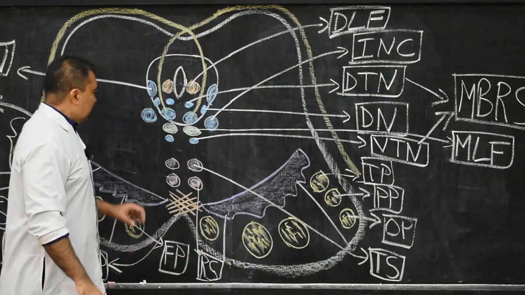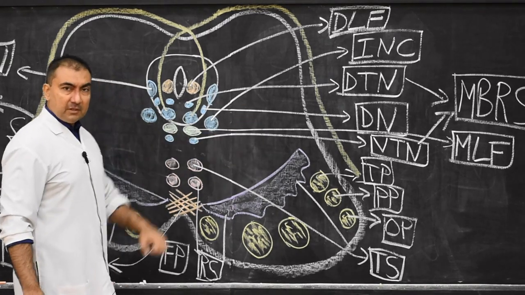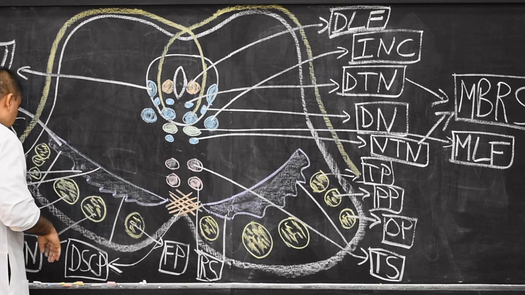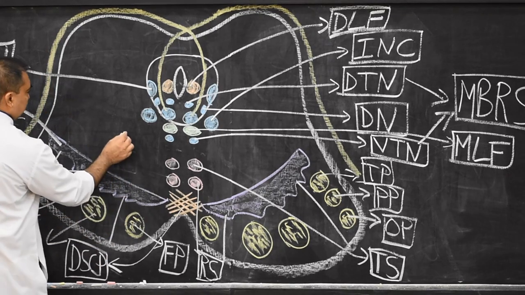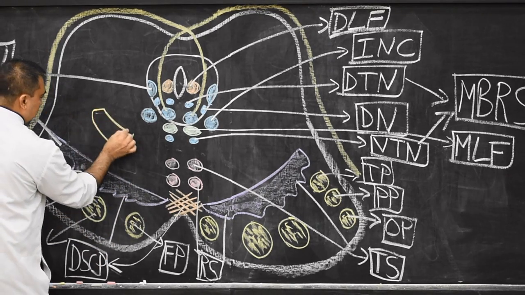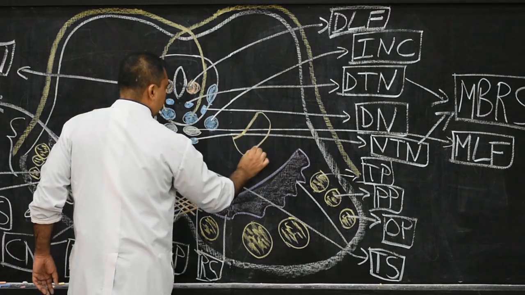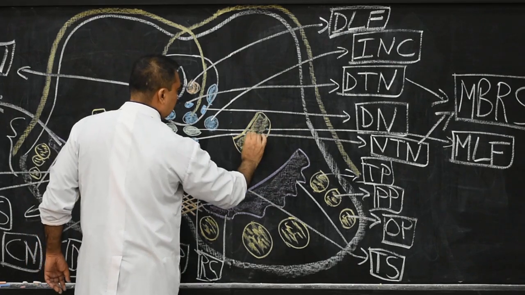And then we come to the lateral part of this tegmentum. In the lateral part of the tegmentum, we have to draw the four lemnisci, which are very important. We start with the first lemniscus, going medial to lateral. This will be the medial lemniscus.